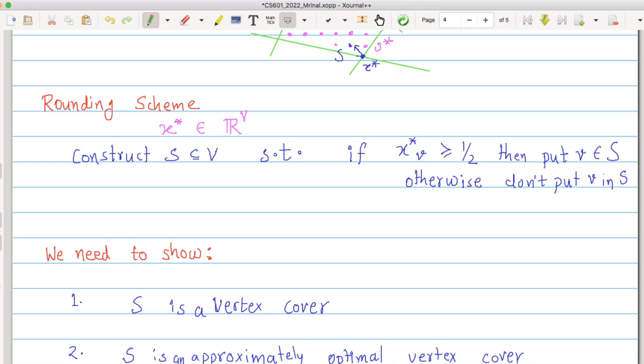So you are at most doubling. For any other coordinate which is smaller than half, we are not putting it in S, so it's not going to contribute anything to our set S. So you see that we are at most doubling the contribution of the weight of any vertex. That's why this bound of 2 holds.